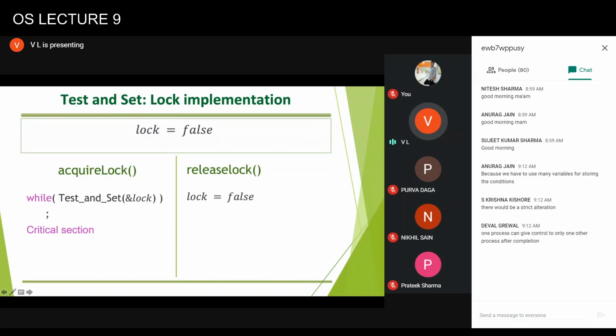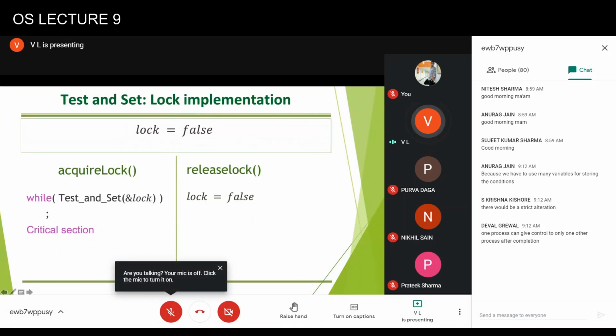So if lock was false, then naturally the first process that executes this acquire lock will receive a false, and for that process this while loop will not be executed, it will go to its critical section. Or it will acquire the lock.